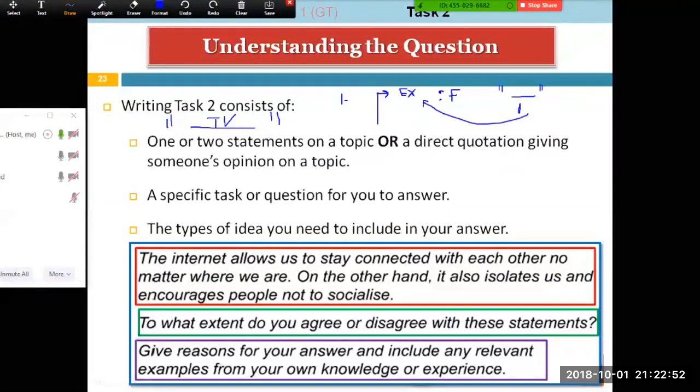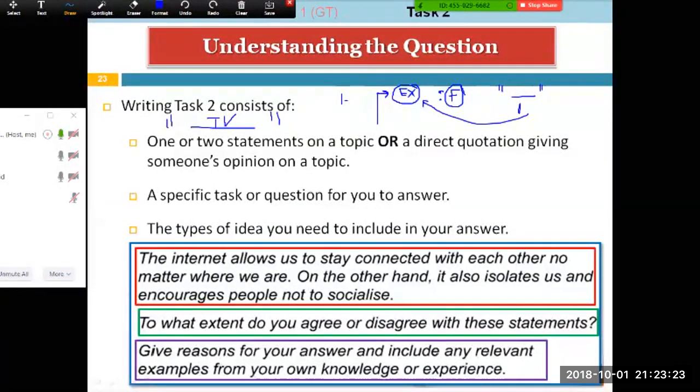Now, this example is based on the experience of someone related to me, or even this experience can be my personal experience. Clear? So I can give a very specific example based on my personal experience or the experience of someone related to me.